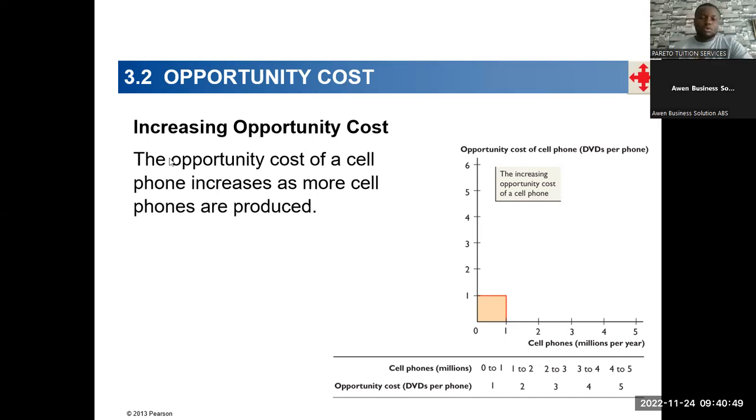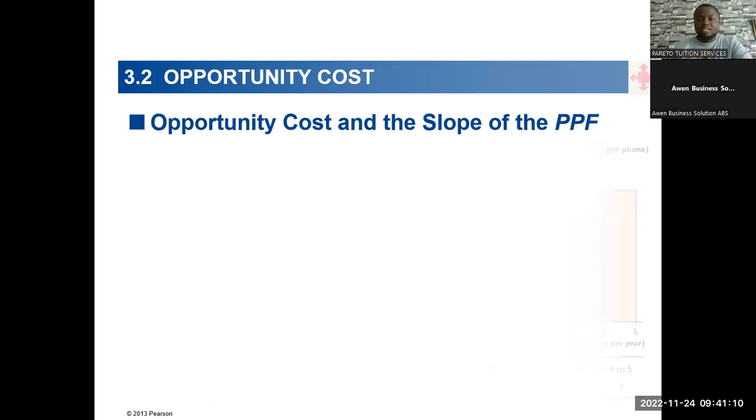So this curve here is just showing us the increasing opportunity cost. As you keep on producing more cell phones, you have to keep on sacrificing more DVD. So per the PPF, there's always an increasing opportunity cost of producing a particular good or service.